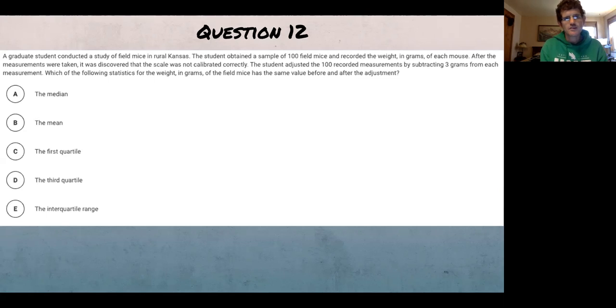Which of the following statistics for the weight in grams of the field mice has the same value before and after the adjustment? All right, so what values have stayed the same? We talked about this a little bit, but now it's worth reinforcing the idea. And I will just create another box plot.